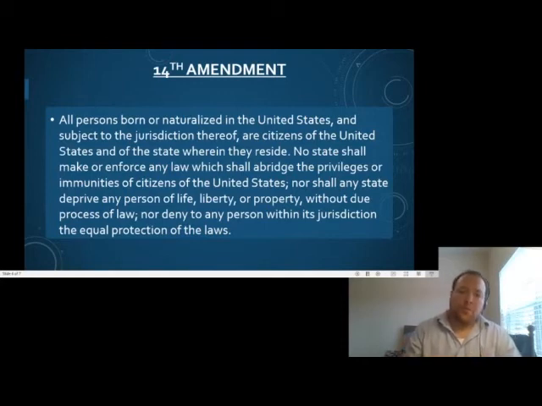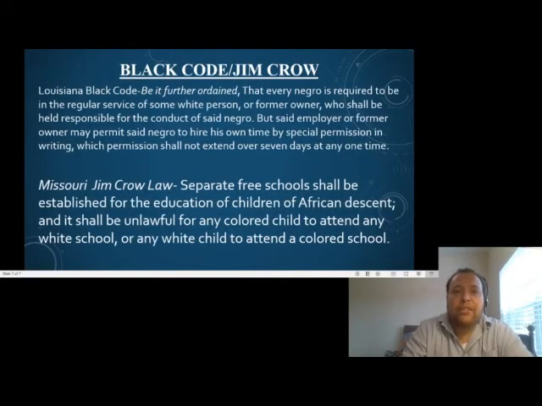These former slaves were supposed to have the same access and the same rights as white citizens. I say this is theoretical because in practice this didn't happen. And it didn't happen because of what's referred to as Black Code and eventually what's referred to as Jim Crow. A lot of the 14th Amendment was intentionally, I think, left vague.